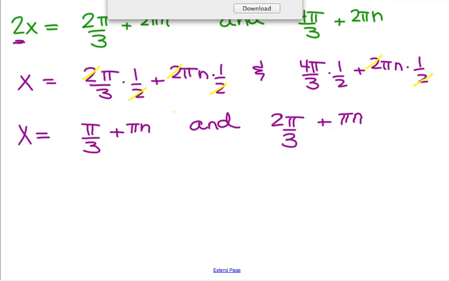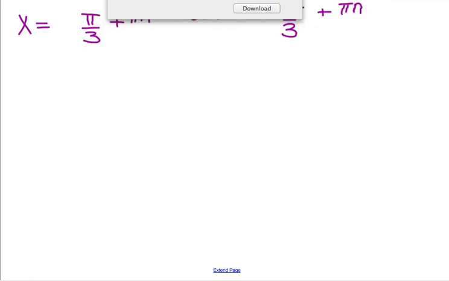Or if we wanted to find out what those solutions are, we could go ahead and add a length of a revolution. So pi over 3 plus pi, if you remember that, it's 1 over 3 plus 3 over 3, and we get 4 pi over 3. So that would be one of our solutions.